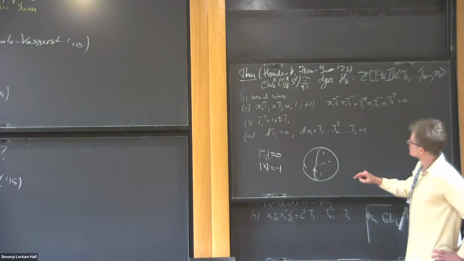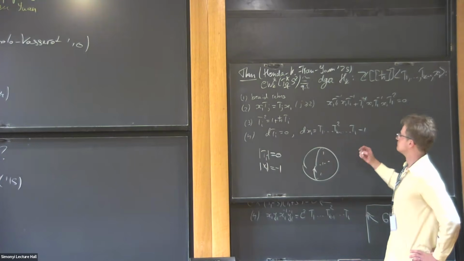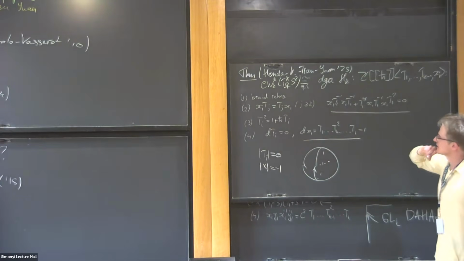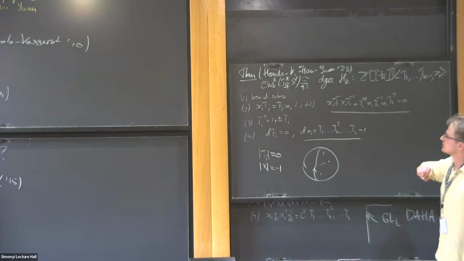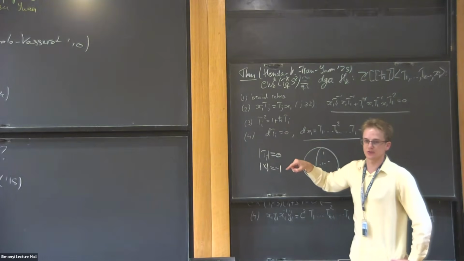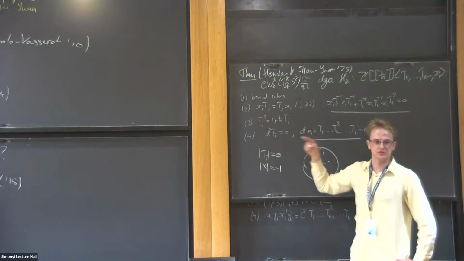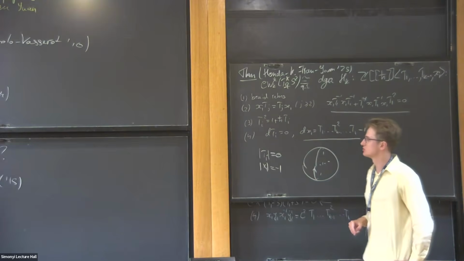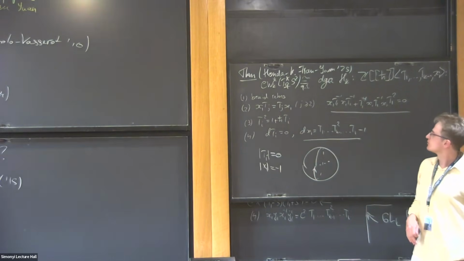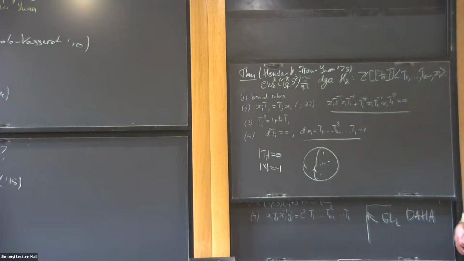Okay, so these are slightly trickier relations than the other ones. This is the quadratic relation that was here before, just rewritten after this change of variables. And you have braid relations from before, and the claim is this is all you need.